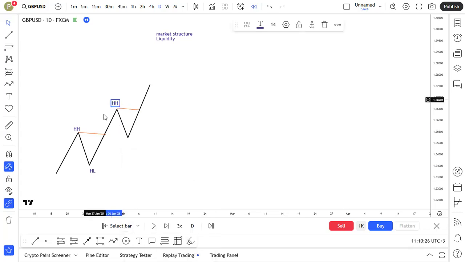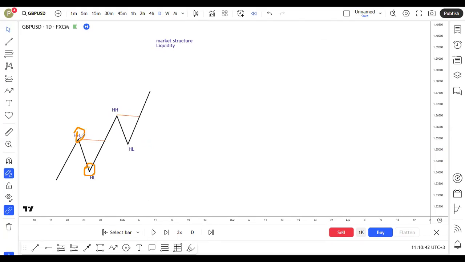It's a new higher high, and again this is the higher low. So here price was forming these highs and these lows, and the price kept on breaking these previous higher highs and forming this new higher high.